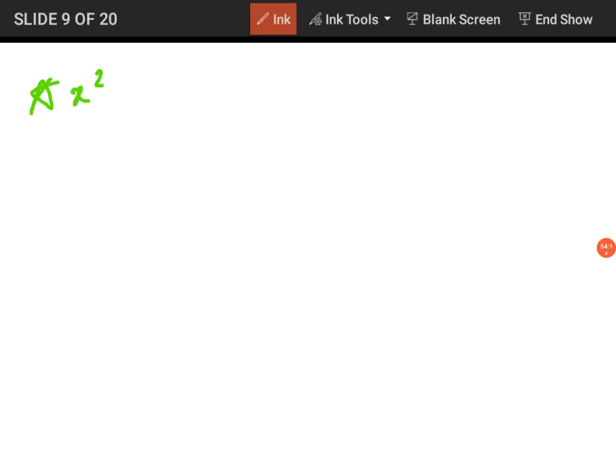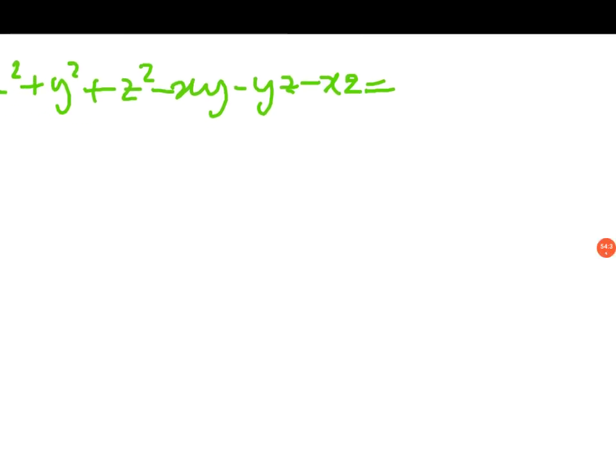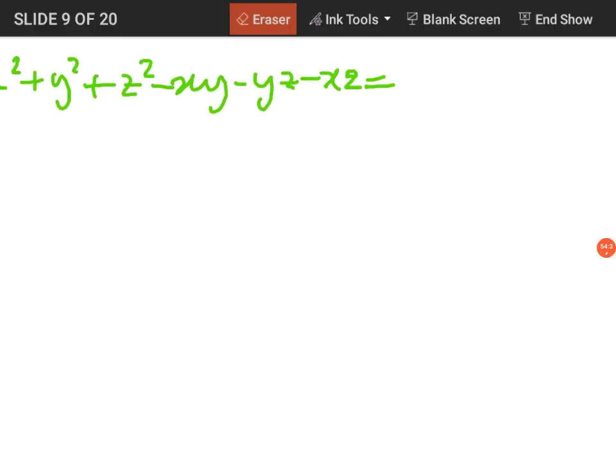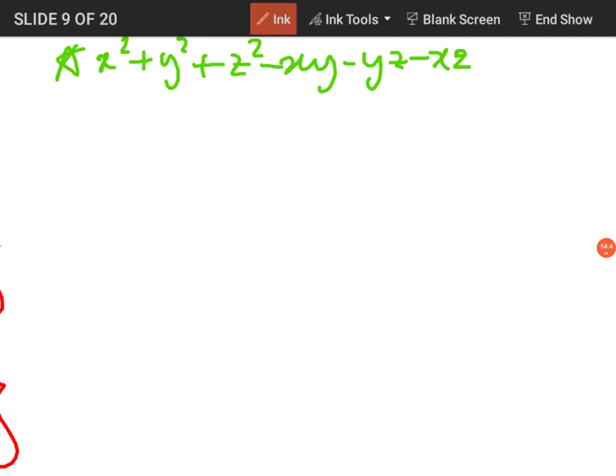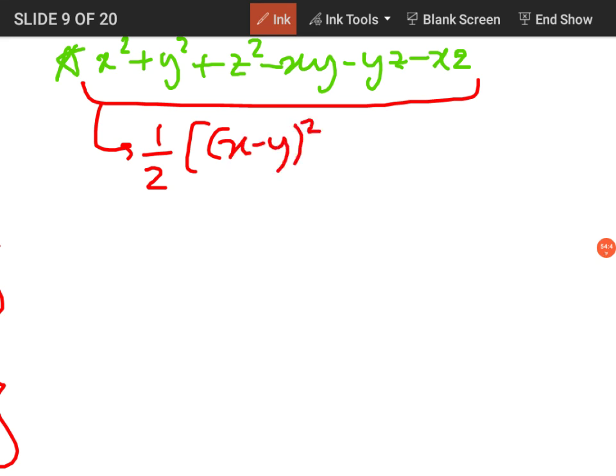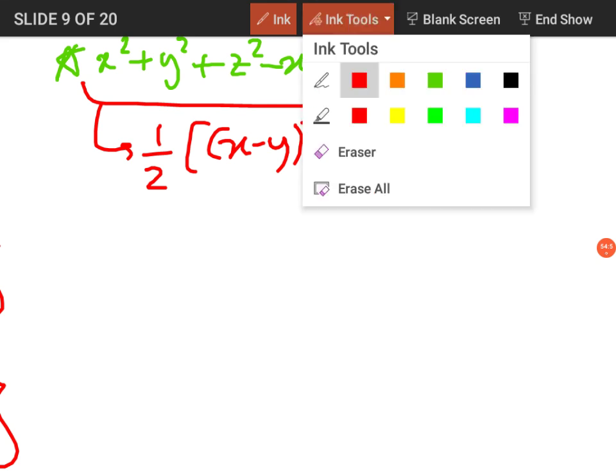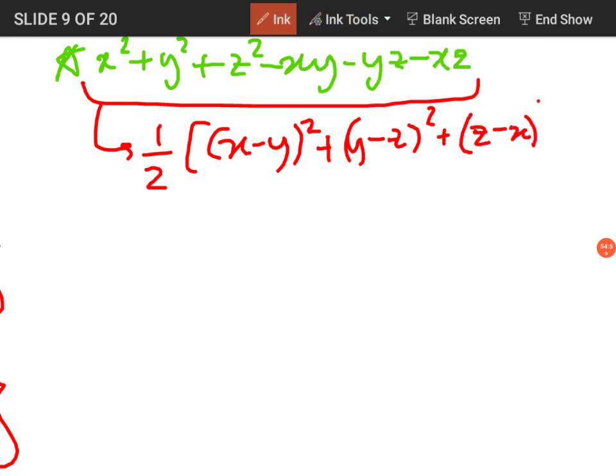This one is x square plus y square plus z square minus xy minus yz minus xz is equals to, let me write it, this one is equals to half of x minus y whole square plus y minus z whole square plus z minus x whole square.